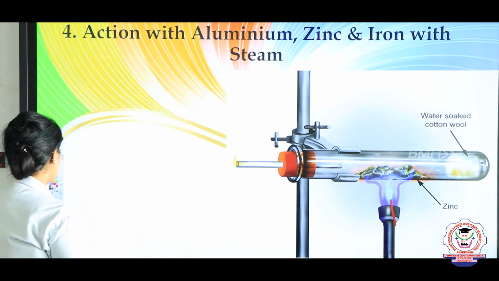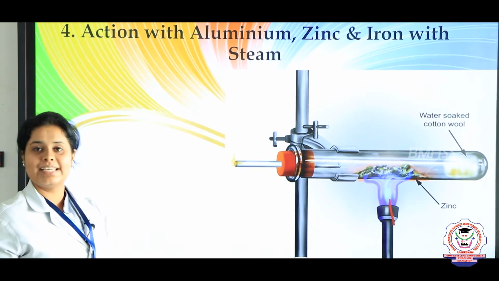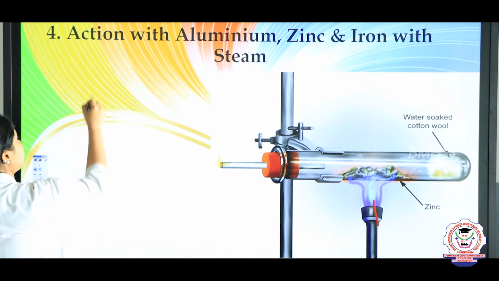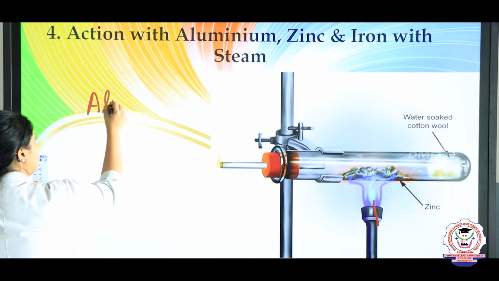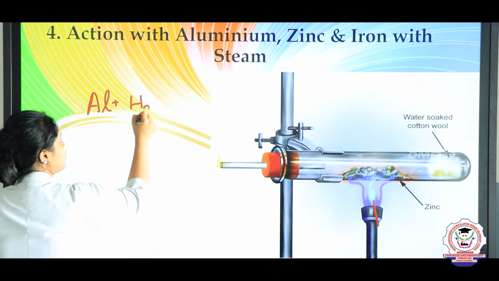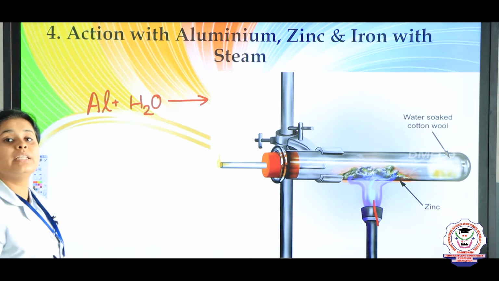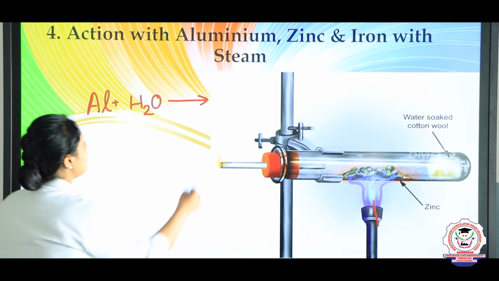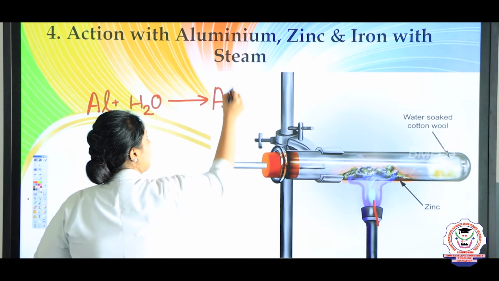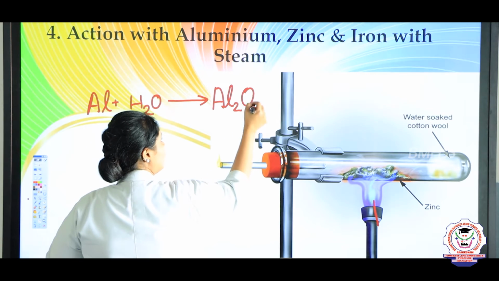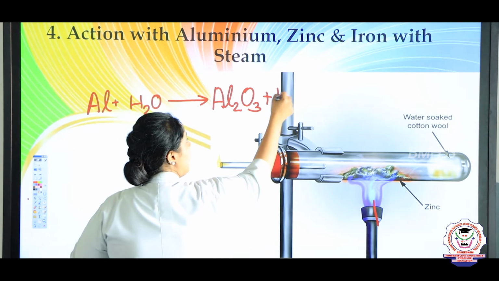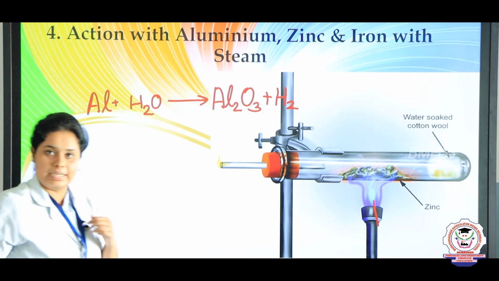Okay. So how to do the reaction here: first let's take aluminium, Al. With that, if you are reacting H2O at a very high temperature, you will get aluminium hydroxide, or you can write it as Al2O3, and again hydrogen gas has been liberated.